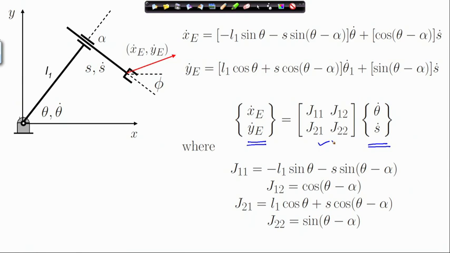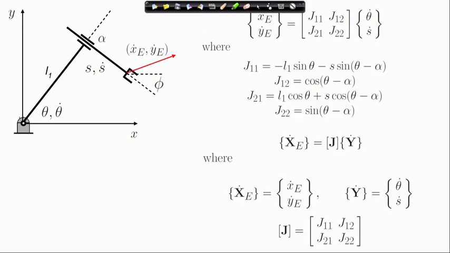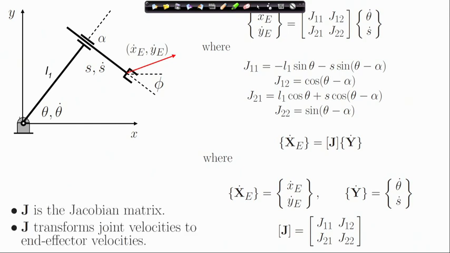Now, the inverse problem. So, here I have the orientation rate which I have derived already. So, this is a compact way of writing the velocity relations that I have just shown you. So, here we have the Jacobian as a matrix, it is a 2 cross 2 matrix.